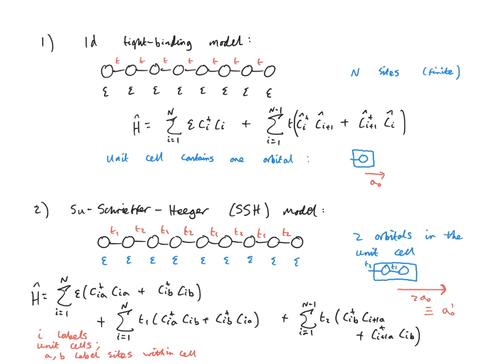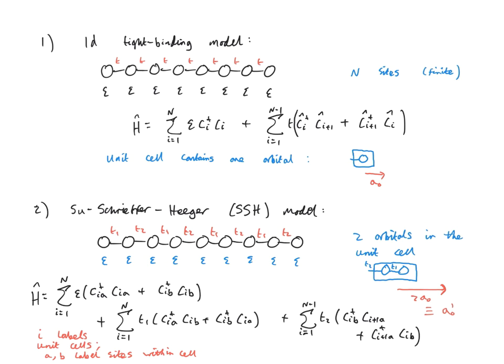And that will allow us to plot, for example, the wave function amplitude of a given state in the original orbitals in real space. We'll also see that there are some interesting phenomena of these two models. The first model is basically a metal, and the second model is basically a band insulator.